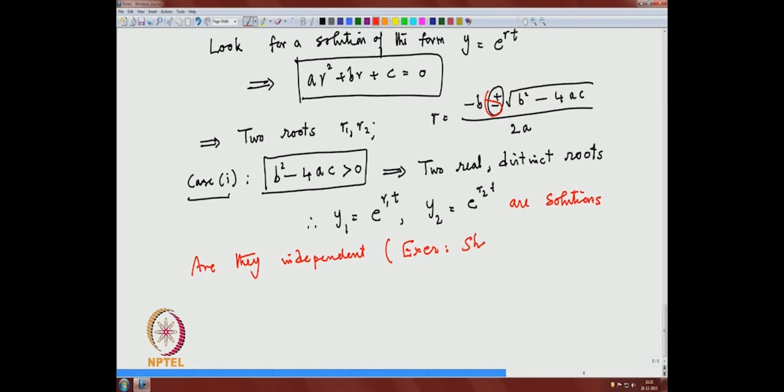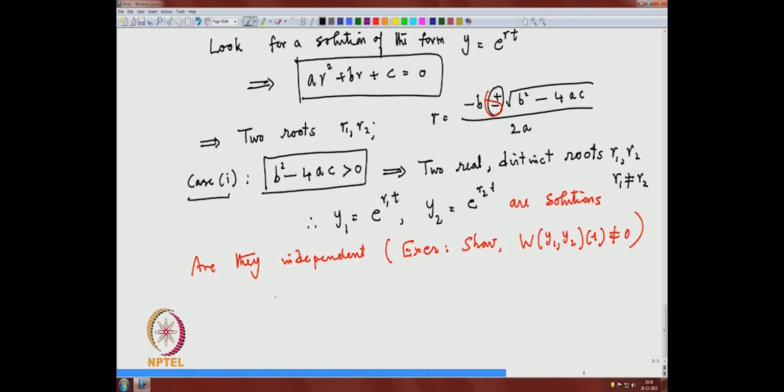We have a good method to show independence: show W of y1, y2 is not equal to 0 at t. It is a simple computation, because you know y1, you know y2, you compute y1 y2 prime minus y1 prime y2, and you can see that it is nonzero if r1 and r2 are distinct, r1 not equal to r2. It is just a computation anybody can do.